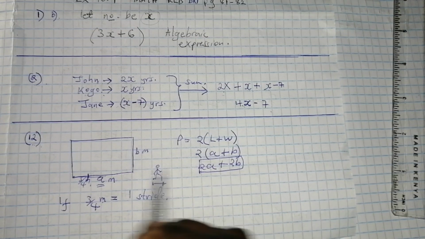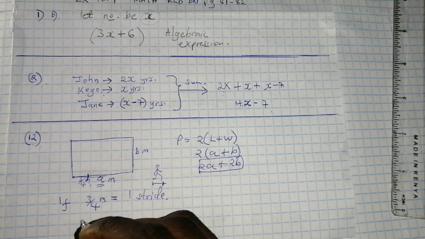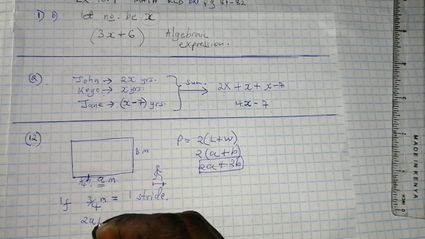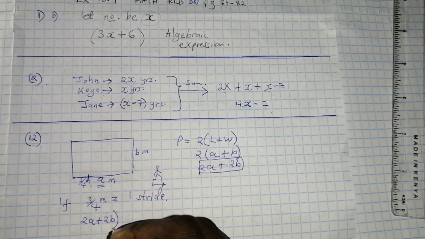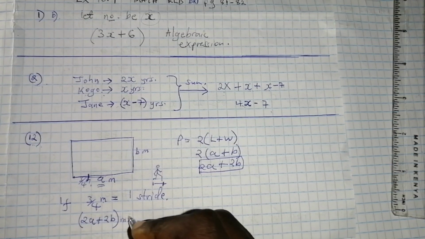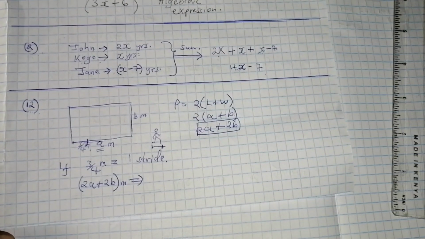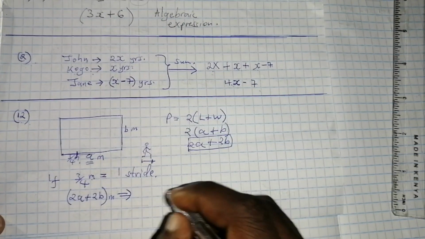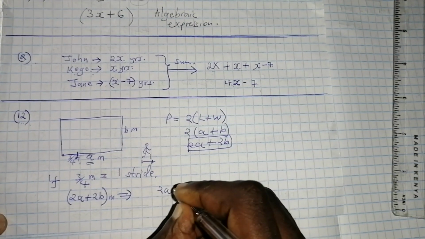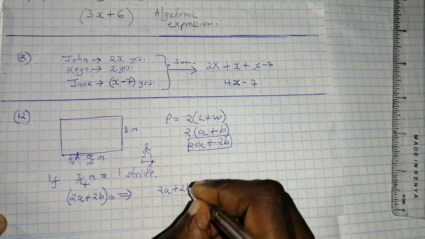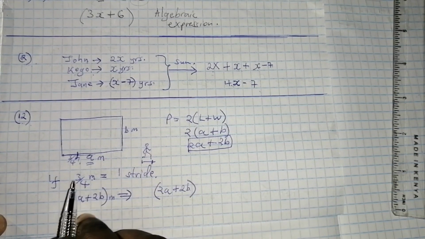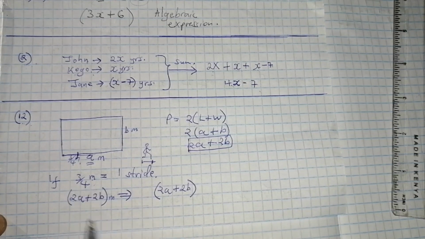Therefore, the perimeter of this rectangle, which is 2A plus 2B, all of it in meters, will be equivalent to how many strides? This will be 2A plus 2B, and remember, all of this you're supposed to divide by 3 over 4.